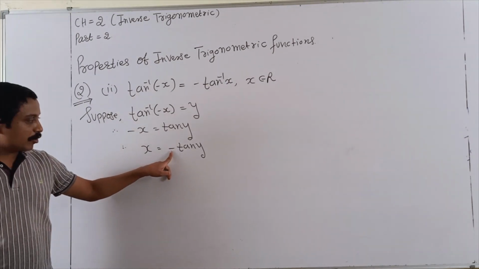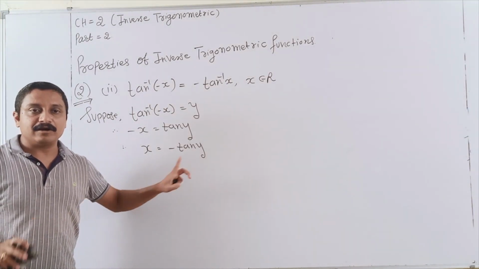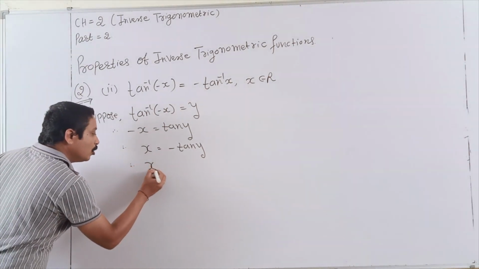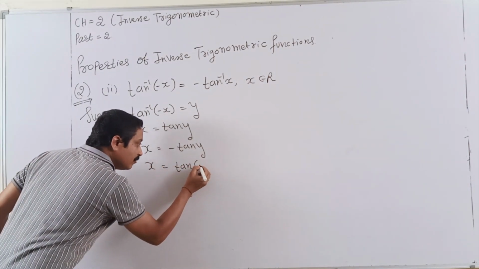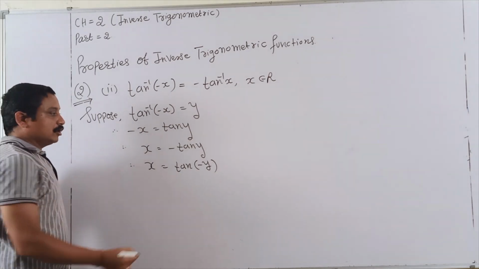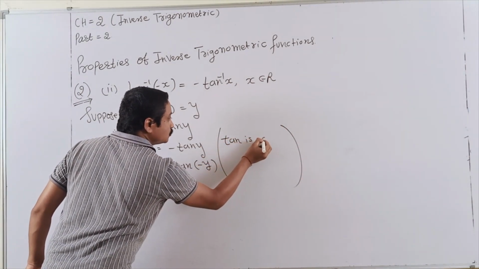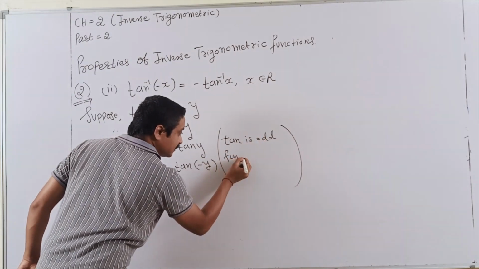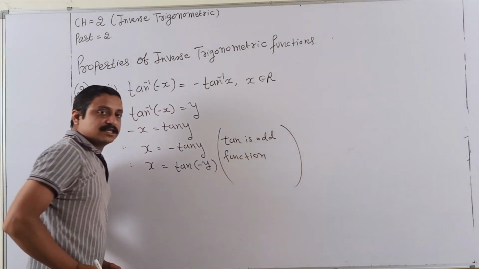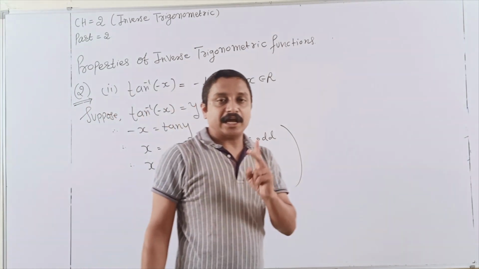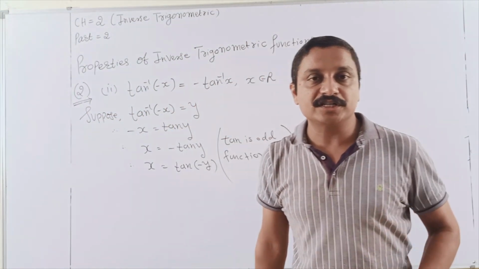Now students, the same property: minus tan y is converted into the form tan of minus y, because tan is an odd function. You know that odd functions generally are the sine function, tan function, cosec function.